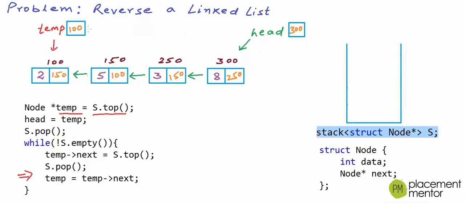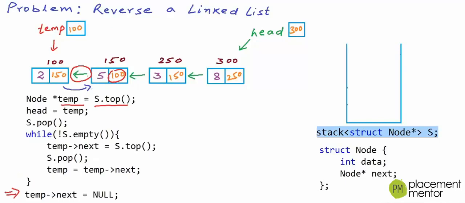Even though we have built this link by setting this field here, this node is still pointing to this guy. Because the stack is empty now, we will exit the loop. After exit from the loop, I have written one more line, temp.next equals null. So I'm setting the link part of the last node in the reversed list as null.